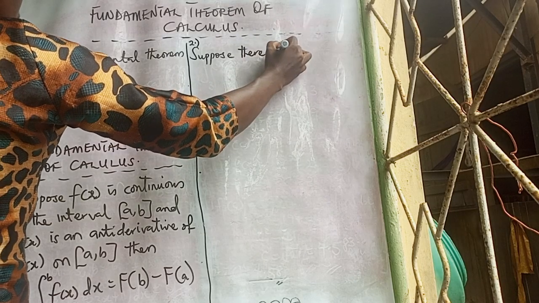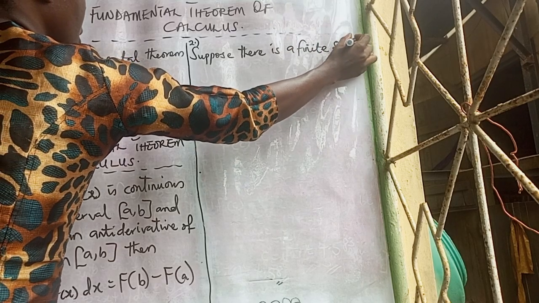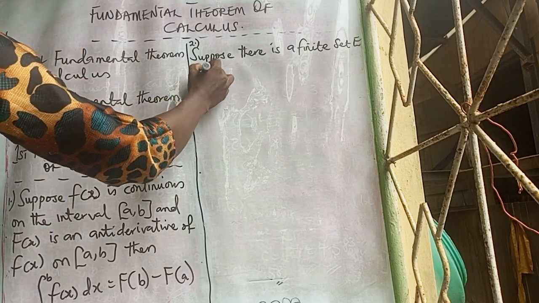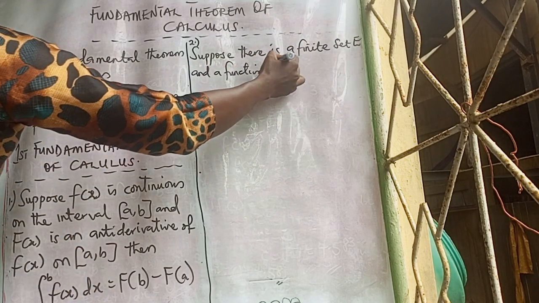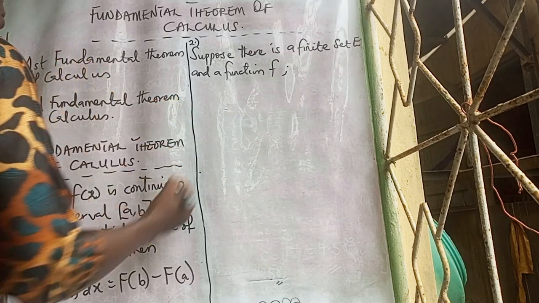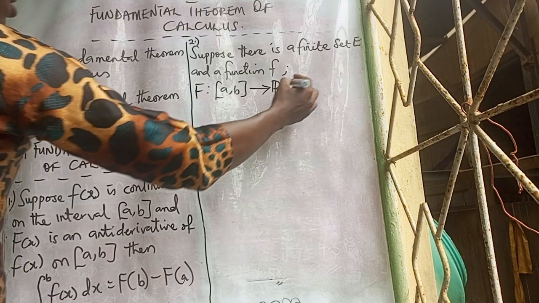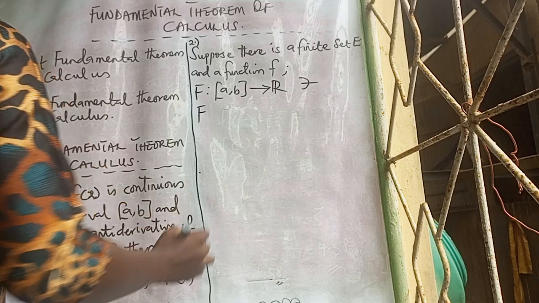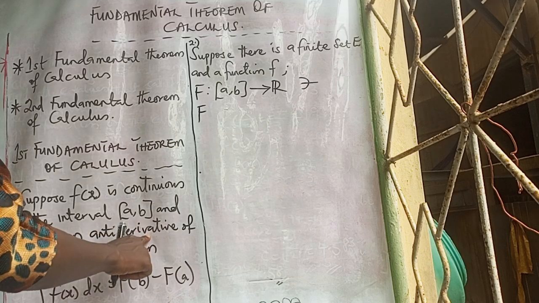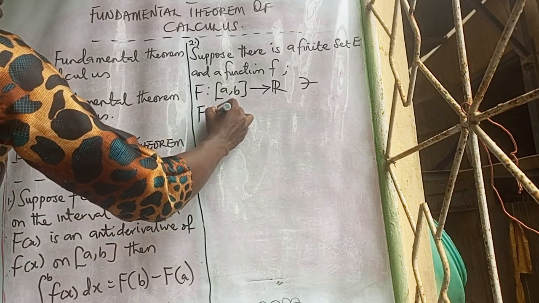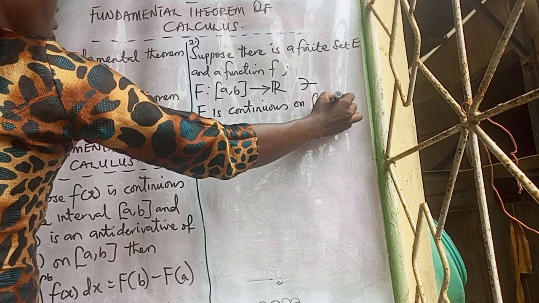suppose there is a finite set E and a function f such that the function capital F, which here is the antiderivative of f of x, is continuous on AB.